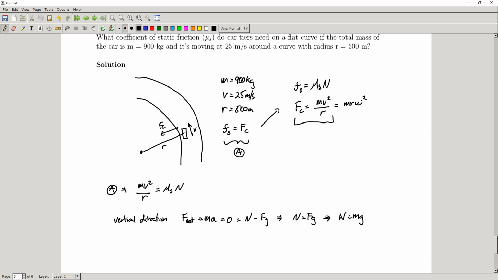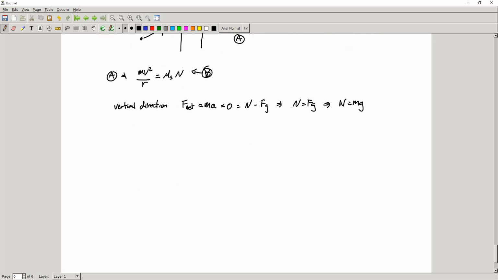And so we can now substitute this, we'll call this B, this equation here, back into A. So that then tells us that mv squared over r is equal to mu s times mg. And let's keep in mind what we're looking for here.